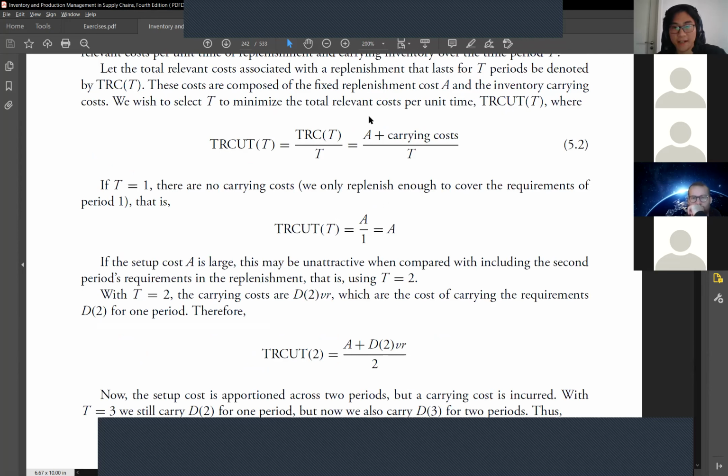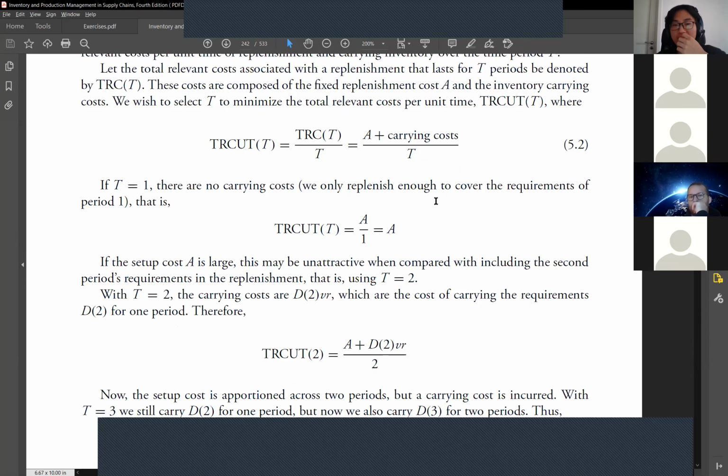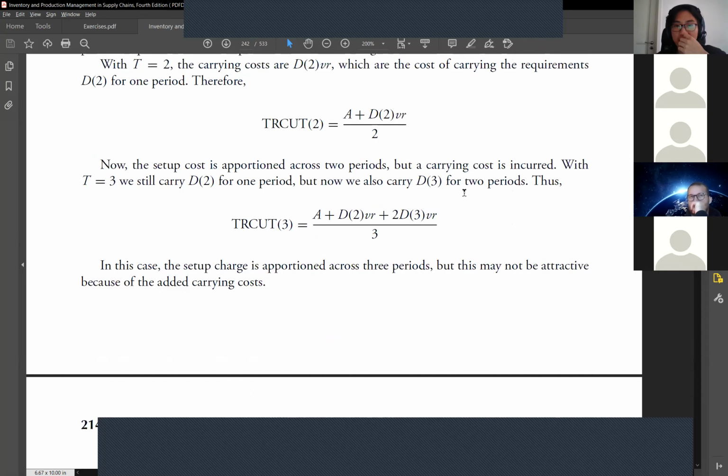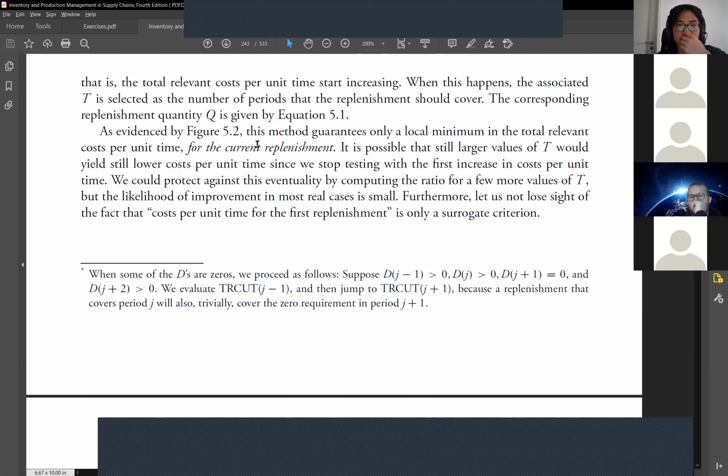This is the idea behind it, but the hardest part is to calculate the total relevant cost per unit time, which you need to calculate several different times, because you want to compare different numbers from 1, 2, 3, 4, 5, and so on until the idea is set here, I think.